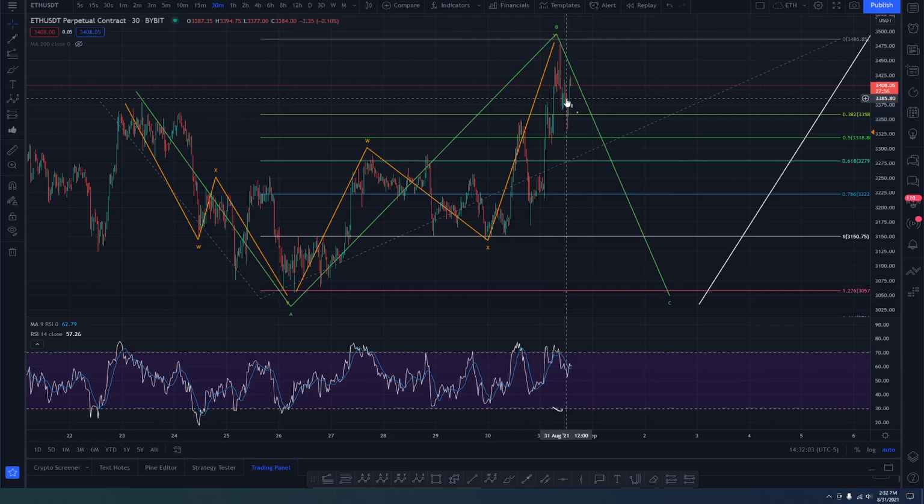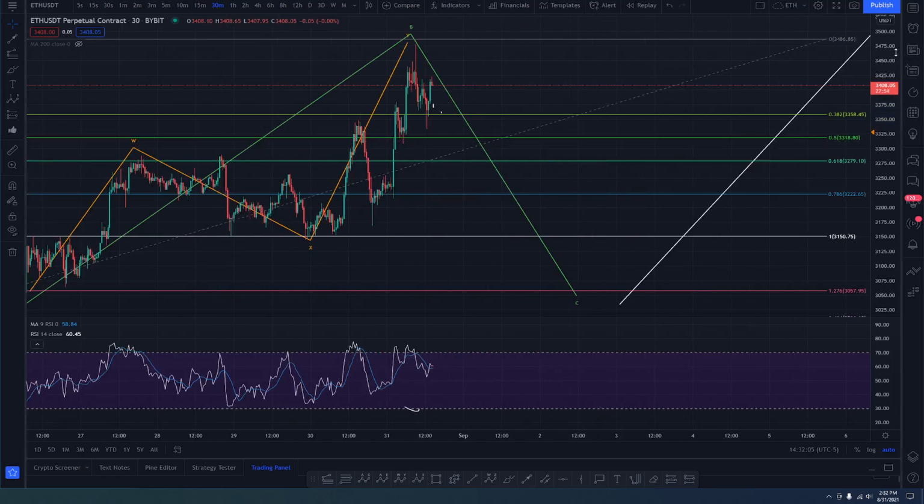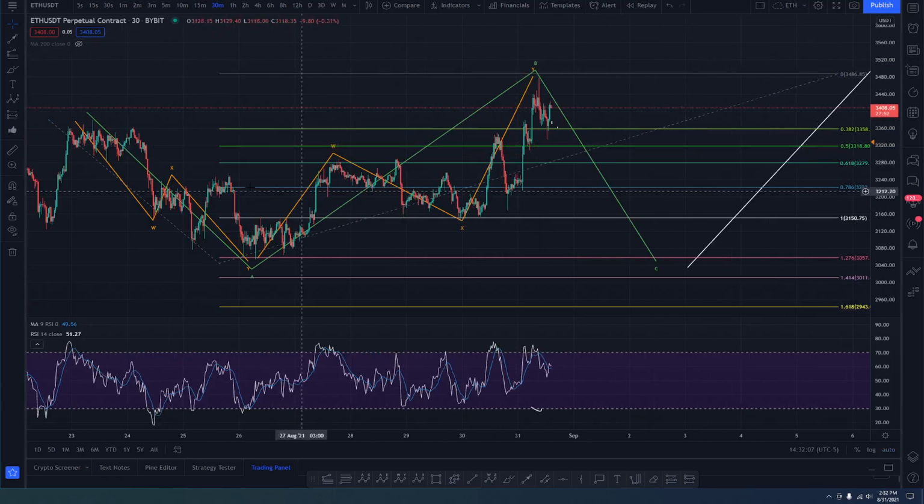See if I can get rid of all this stuff here. All right. So I'm looking at this as a flat. That means this wave right here, the C wave, what am I expecting it to be? How many waves? Always in C. It's one answer only every time. So if I say how many waves in C am I expecting, you should answer with: is it always impulse down 5? Always 5. Yep. C is always 5.